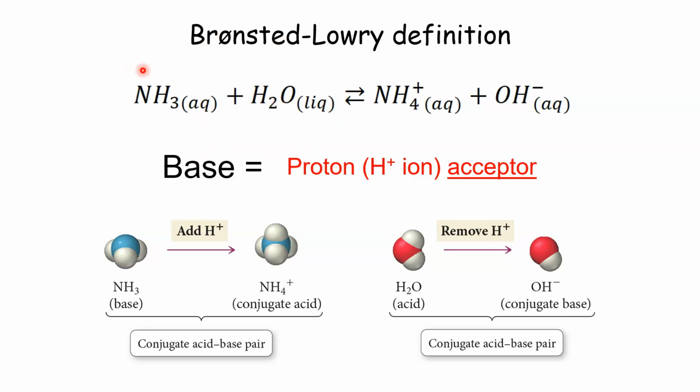Ammonia was the proton acceptor. So ammonia is the base, and then its opposite, once it accepts the proton, it becomes a conjugate acid. Water here is our acid, our Bronsted-Lowry acid, and over here it is now the conjugate base. Okay, base, conjugate acid, acid, conjugate base.